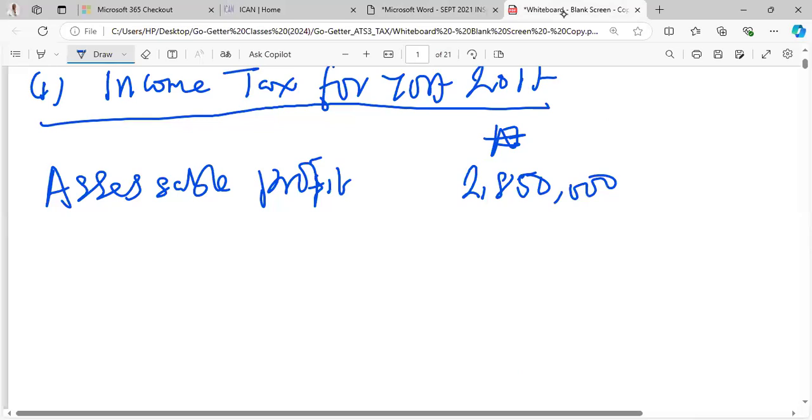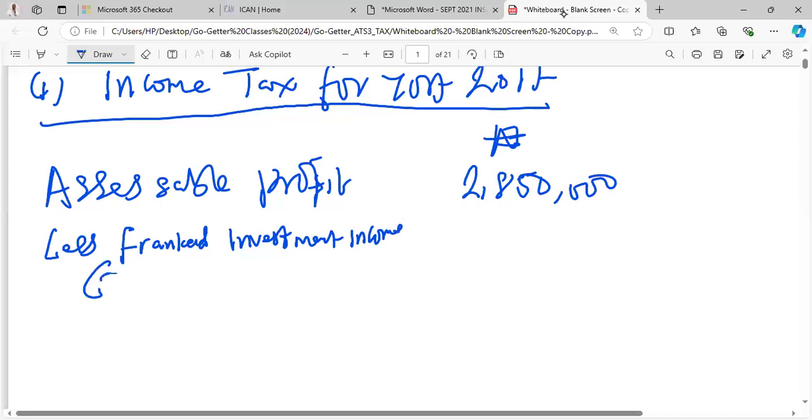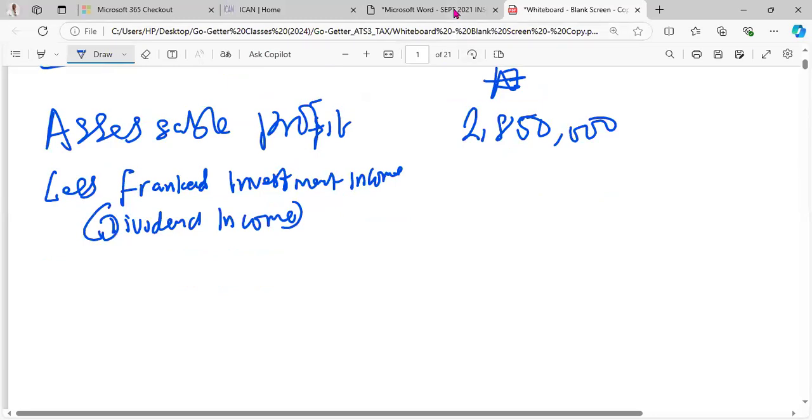So what we need to do, we need to less franked investment income, which is dividend income. So the dividend income, we are told that 180 is the net. We need to remove the gross. So it's going to be 180,000, which is the net, multiplied by 100 divided by 90.